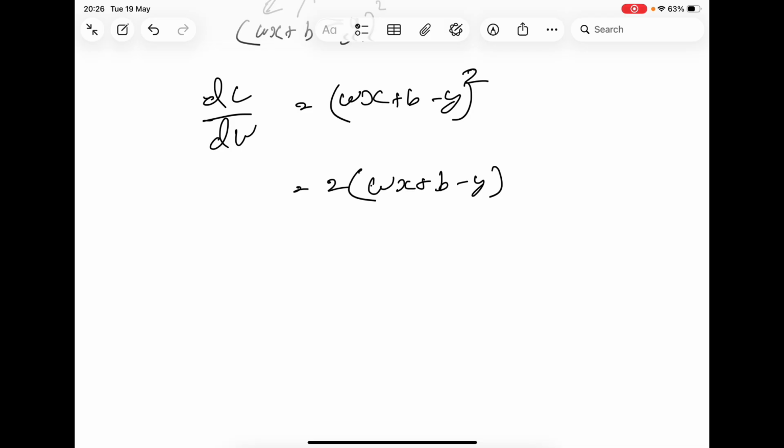And after that, let's differentiate what's inside, right? So this is the outside derivative.